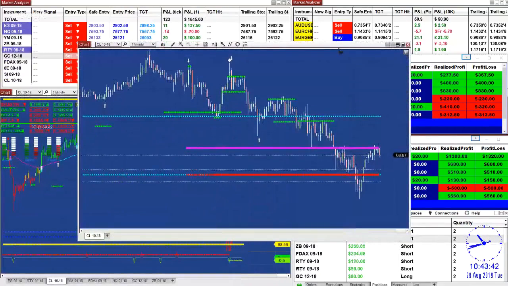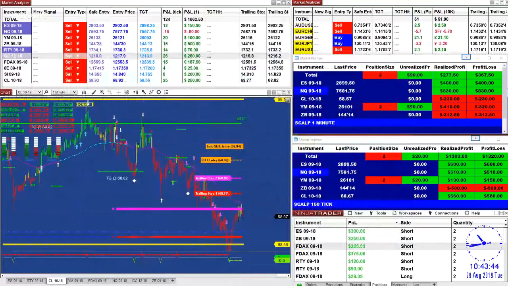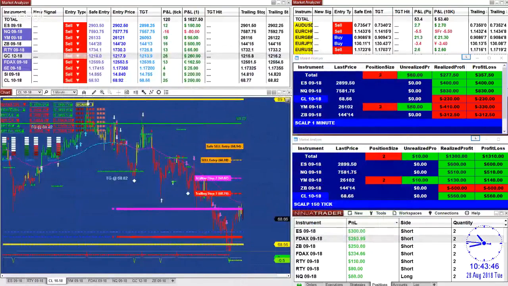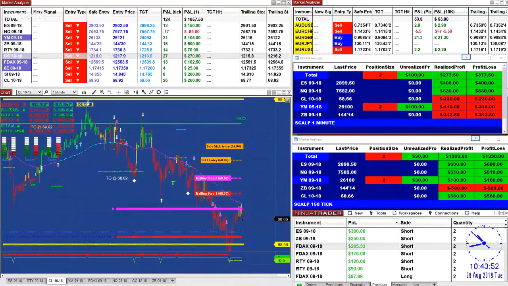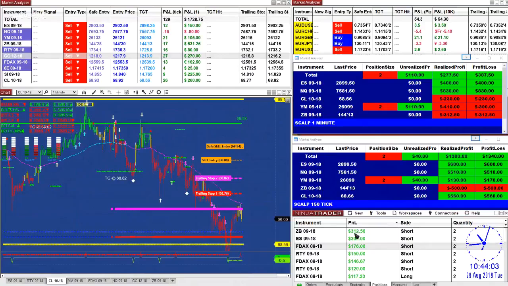So what we are going to do, guys, is sit on the side and see if anything will happen today. If we look at the swing trading, these are not really big numbers.